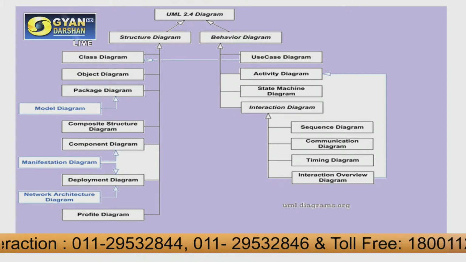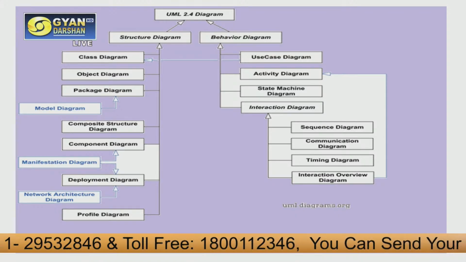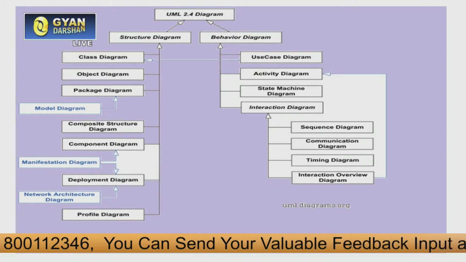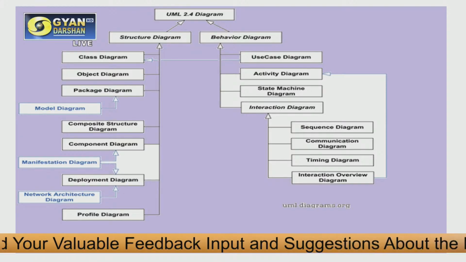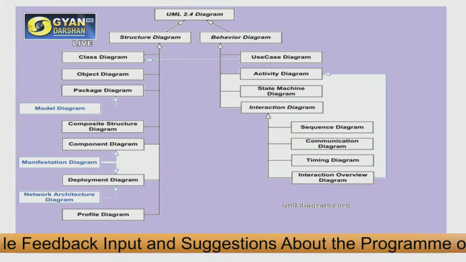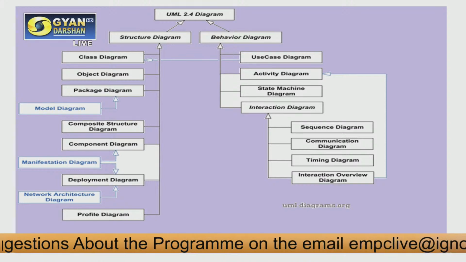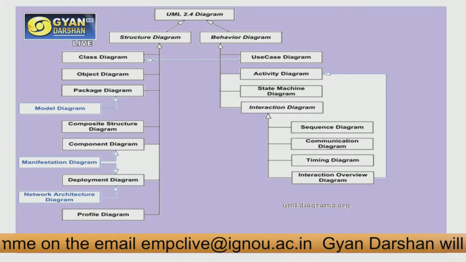Similarly, in behavior diagram there are several diagrams used for representing different aspects of the system. As you can see, this diagram is taken from the UML website itself. These are the basic UML diagrams for representing structural as well as behavioral aspects of the system.